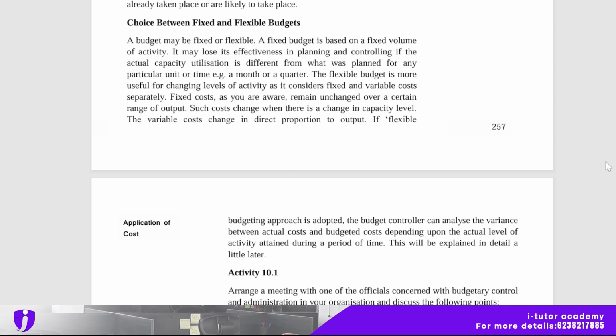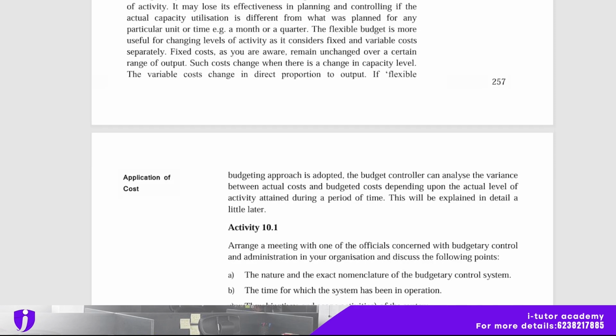It may lose its effectiveness in planning and controlling if the actual capacity utilization is different from what was planned for any particular unit of time, for example a month or a quarter. And the flexible budget is more useful for changing levels of activity as it considers fixed and variable costs separately.